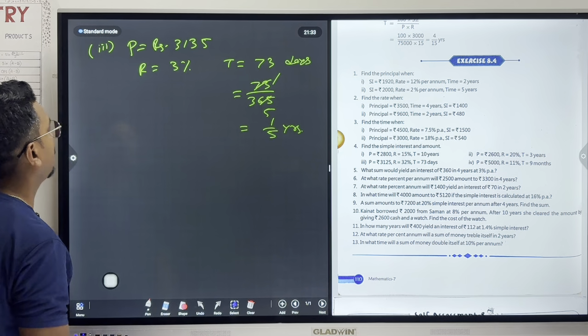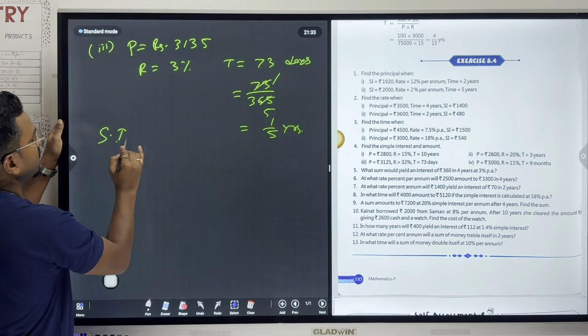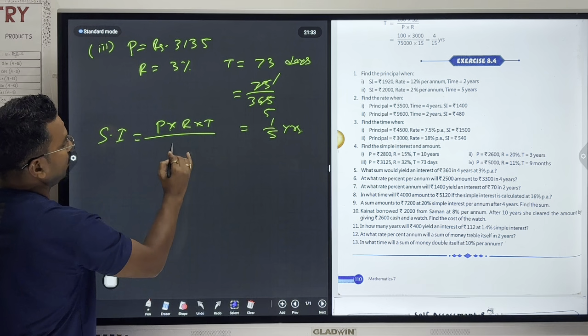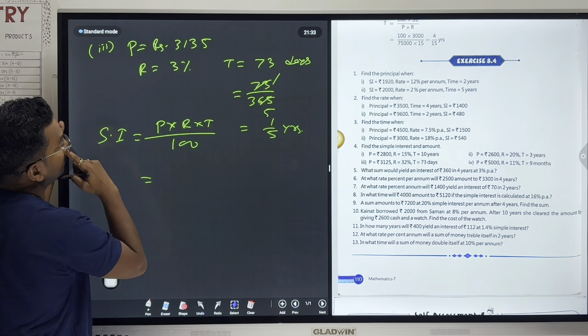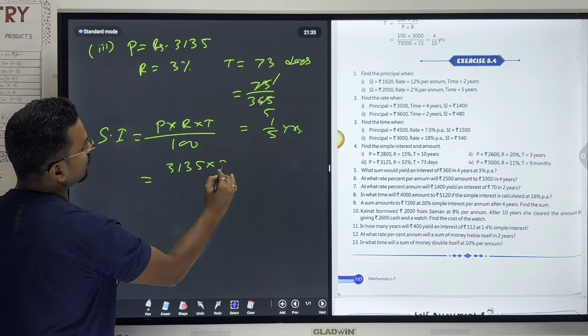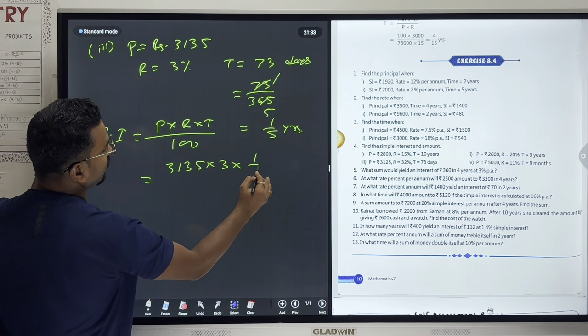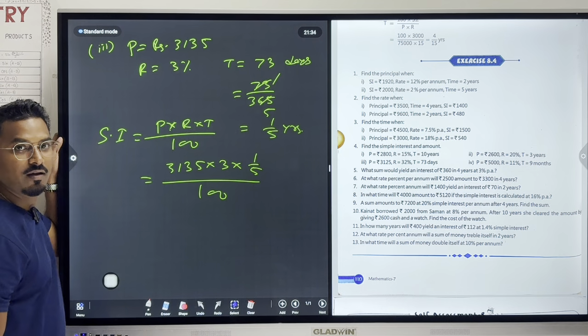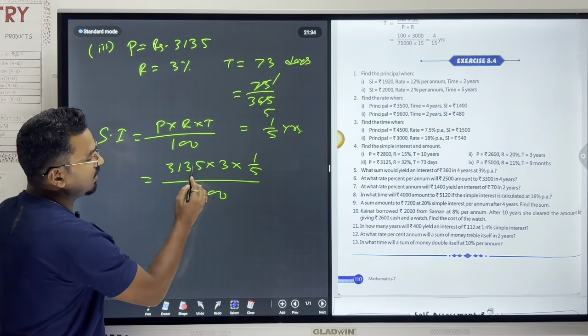First we will find the simple interest. Simple interest equals P into R into T by 100. Principal is given 3135, rate is given 3%, time is given 1 by 5, divided by 100. First we will try to cancel this.